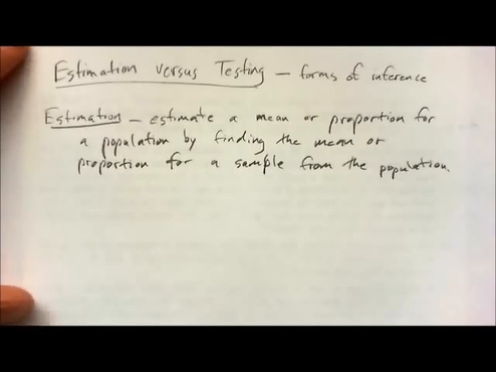So what we then do is assume that if our sample is taken randomly, then it fairly represents the population. And so the mean or the proportion we get from the sample itself should be a reasonable approximation of the mean or the proportion for the population.